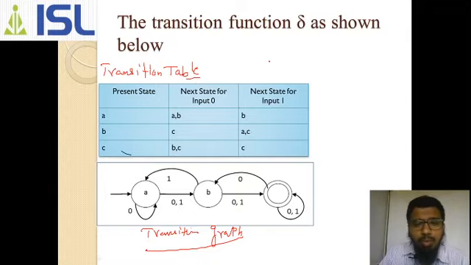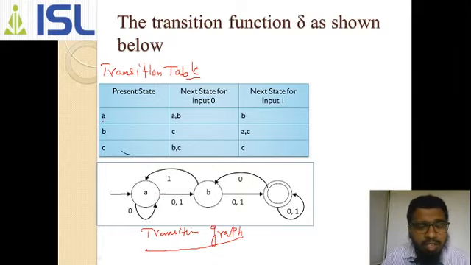After telling you what DFA and NFA are, I will show you the differences between DFA and NFA. Okay, so now first we will see this.